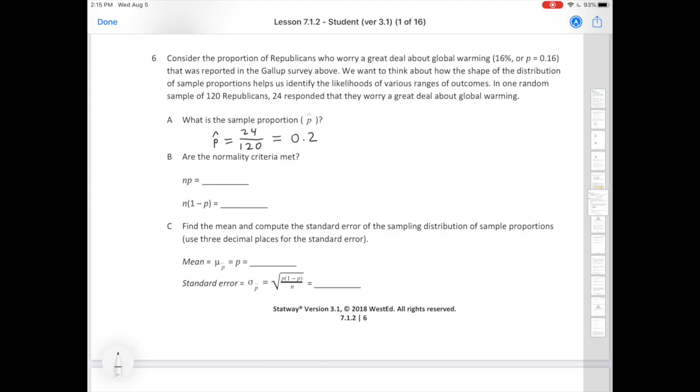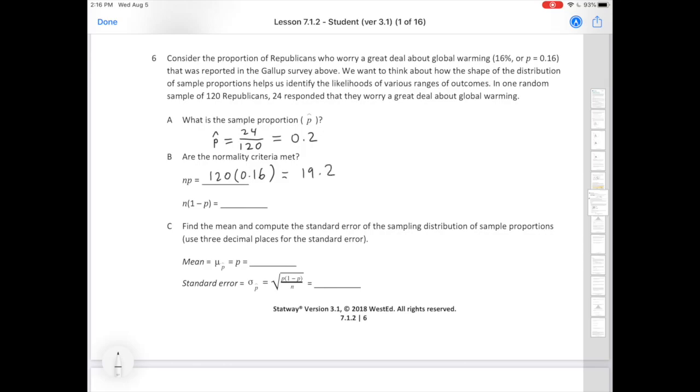Remember, n is 120, so we have 120 times 0.16. I recommend that you do these along with me with your calculator to make sure that you get the same answer as me. I get 19.2.